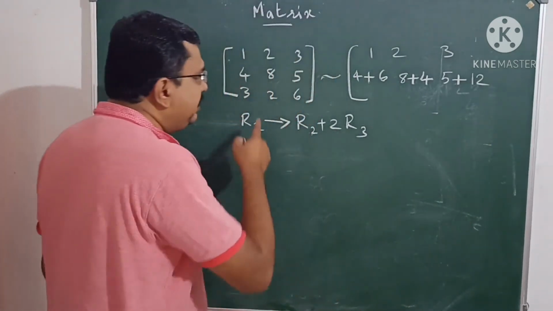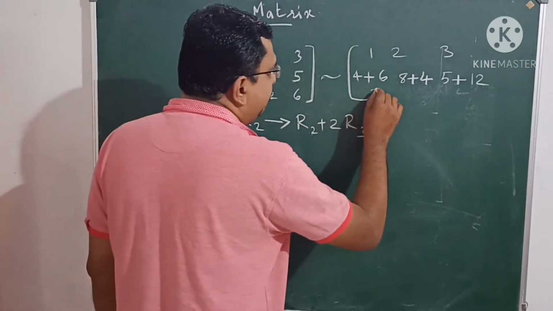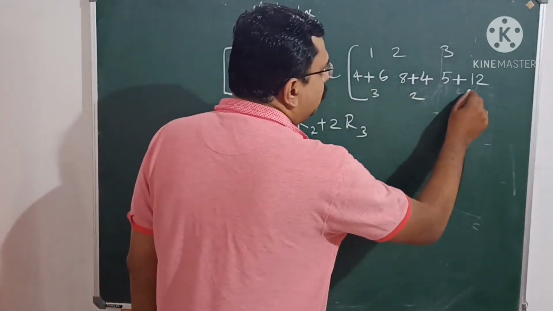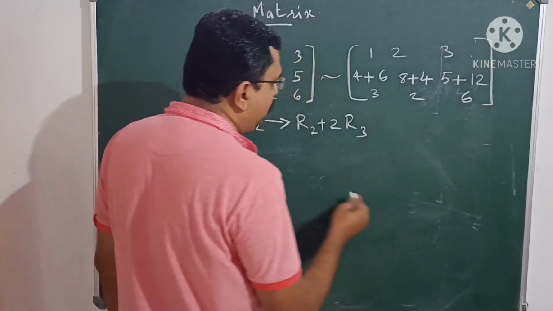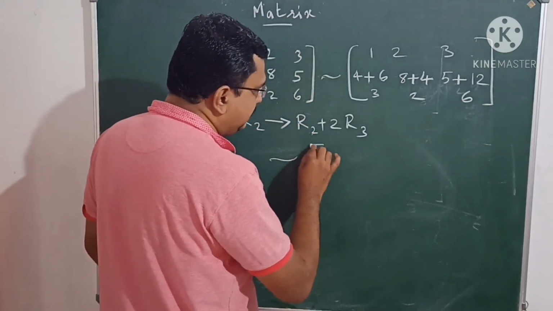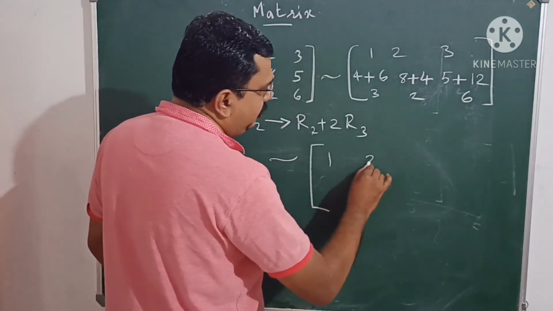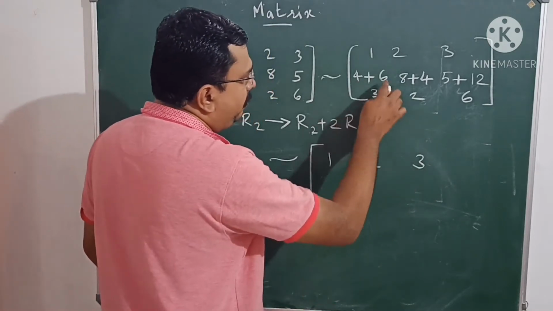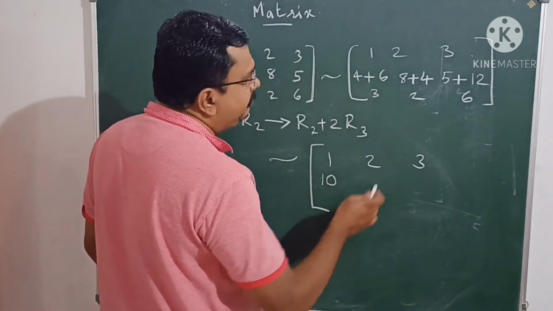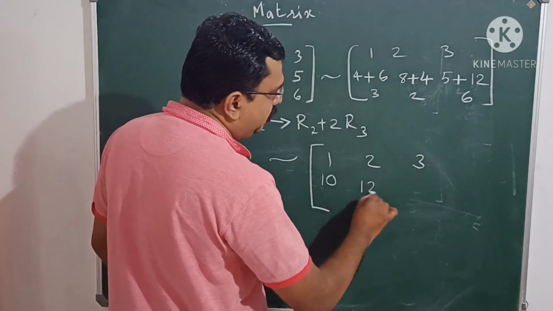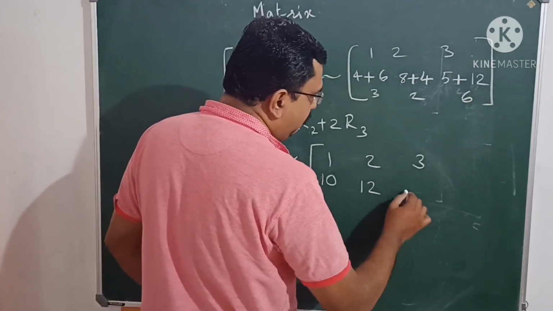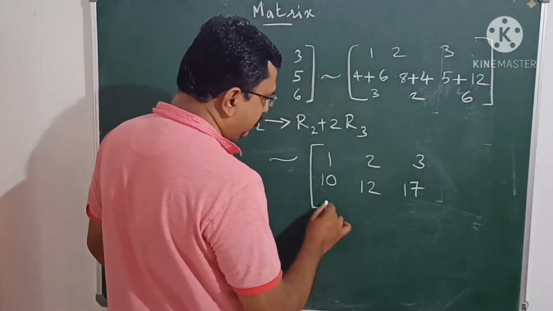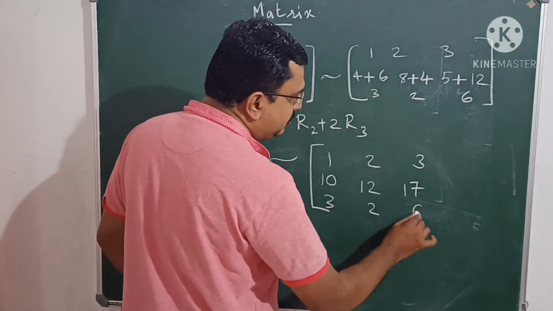The third row is same, 3, 2, 6. Therefore, our answer is 1, 2, 3, 4 plus 6, 10, 8 plus 4, 12, 5 plus 12, 17, 3, 2, 6.